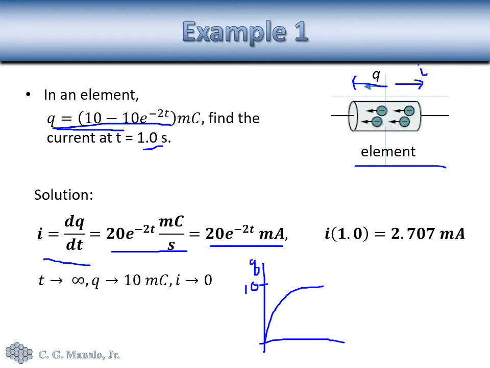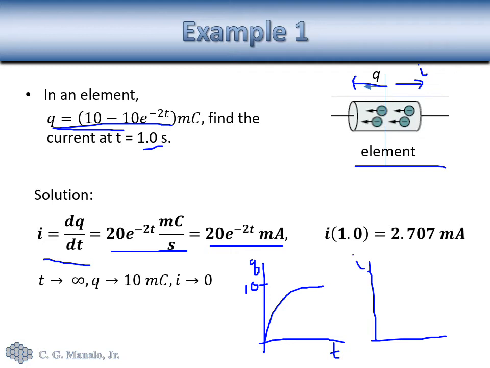So this is Q here, and this is T. It starts from 0, and it rises to a constant value, 10 millicoulombs. Now, for the current, however, it starts high.